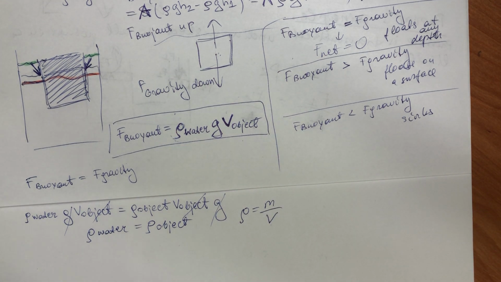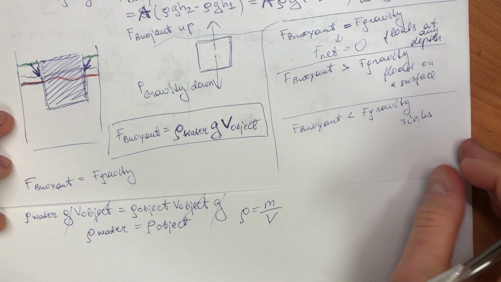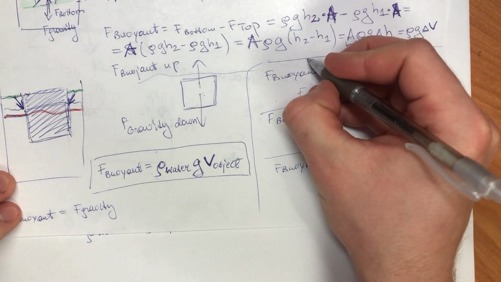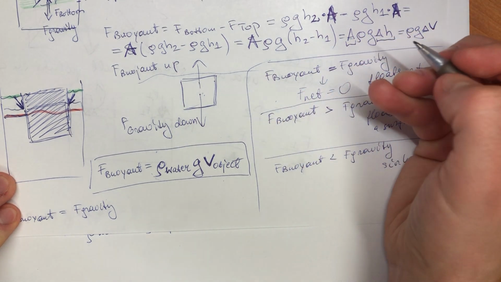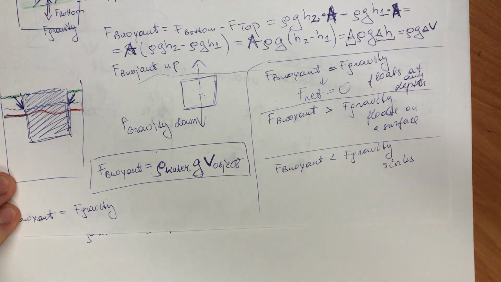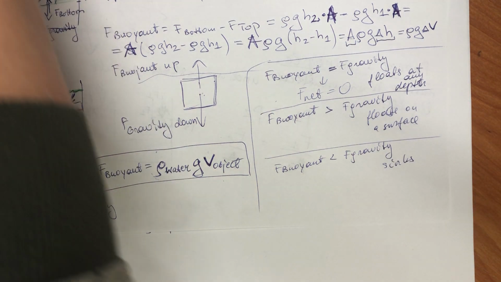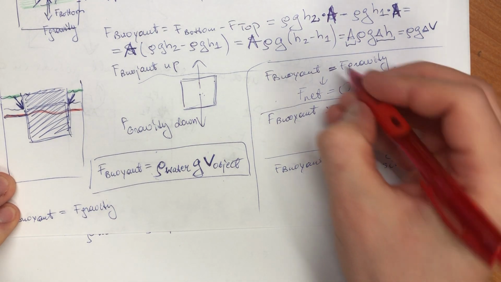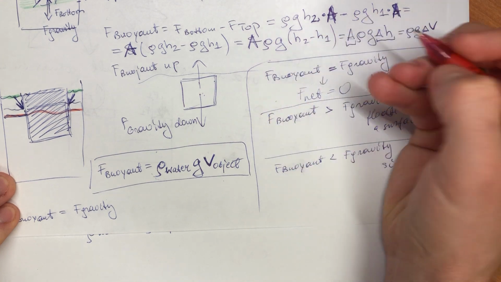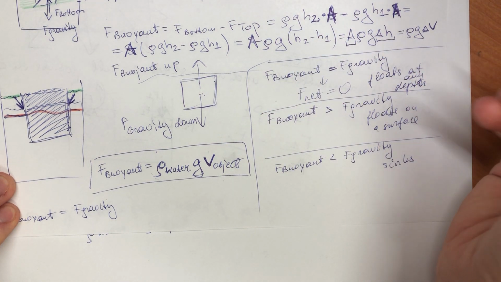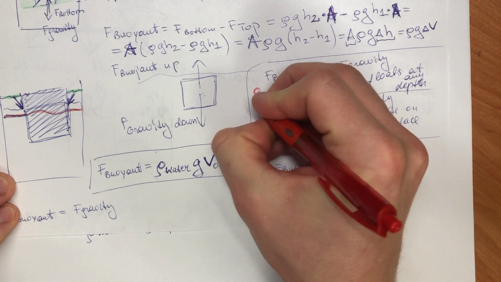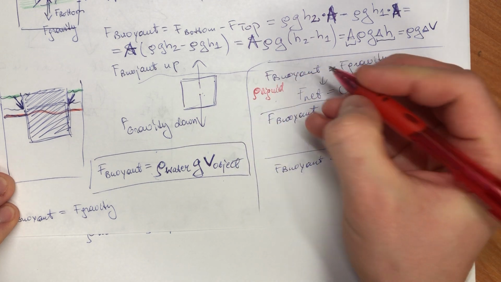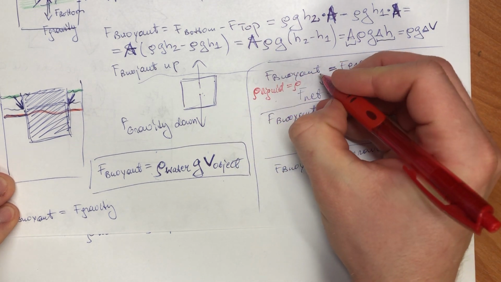So in this case, for the object to float at any depth, the density of the liquid has to be equal to the density of the object.